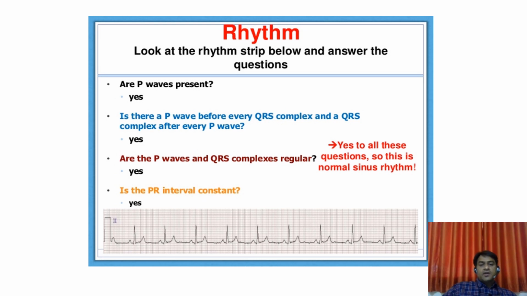Are the P waves and QRS complexes regular? Yes, their interval is regular. Is the PR interval constant? And how much is the PR interval? 0.12 to 0.20. The answer to all these four questions is yes. So this is a normal sinus rhythm.